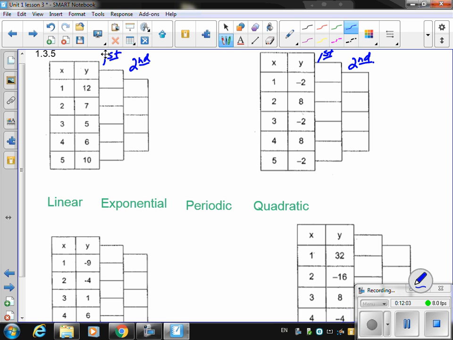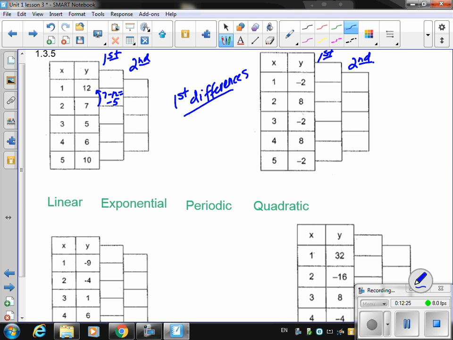The first one, when I look at my first differences, I'm looking from the numbers 7 to 12 and I'm subtracting. So the key phrase is differences. And I know many of you know what you're doing here. 7 subtract 12 is -5.